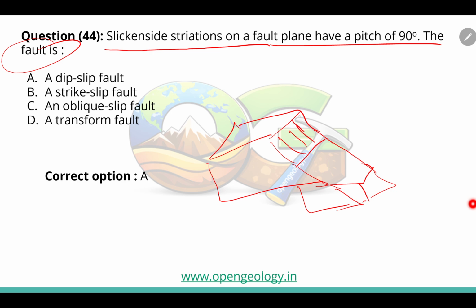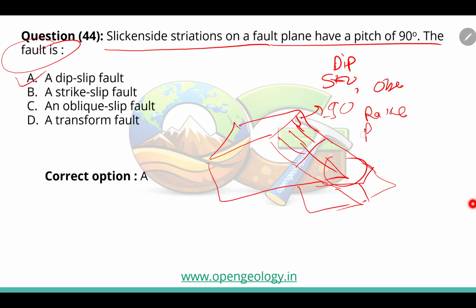If the striations make a 90 degree angle, that means the block has moved exactly in the dip direction. And if it moves in the dip direction, we call it a dip slip fault. You should remember the dip slip fault, strike slip fault, oblique slip fault, what is rake, what is pitch, and how these change with different types of fault movement.